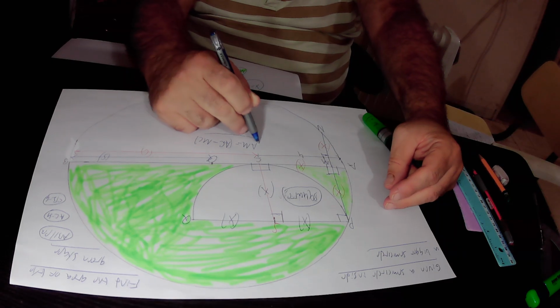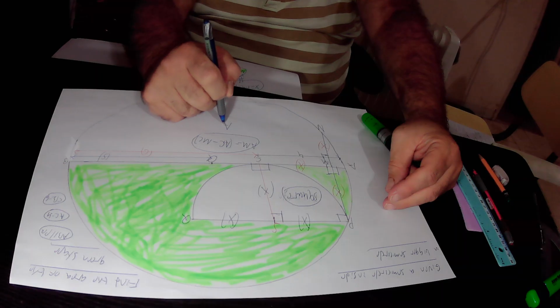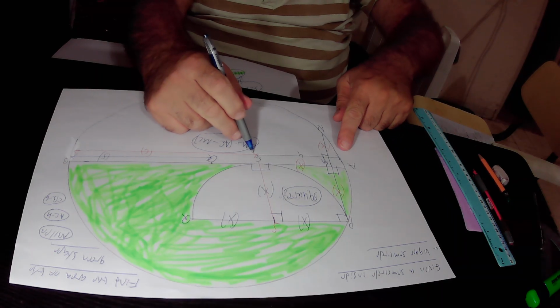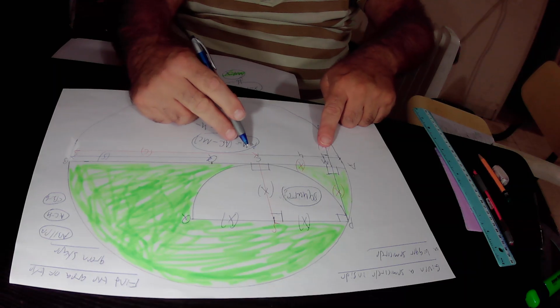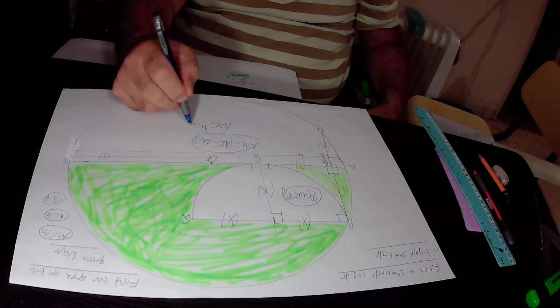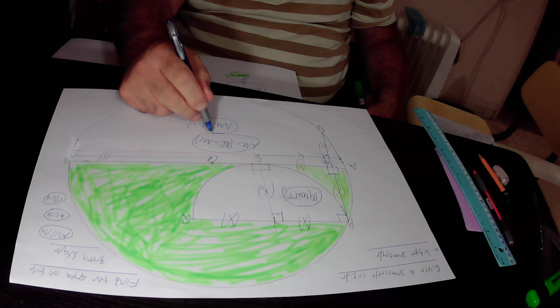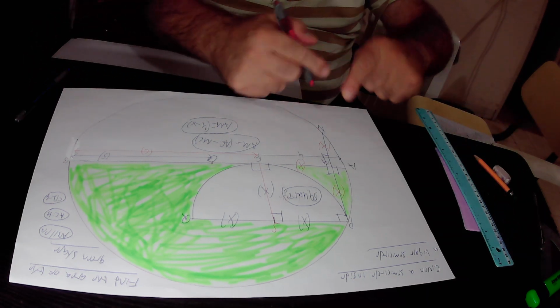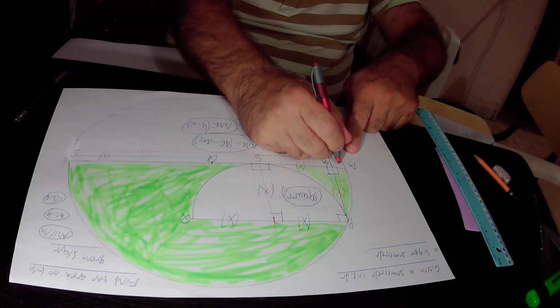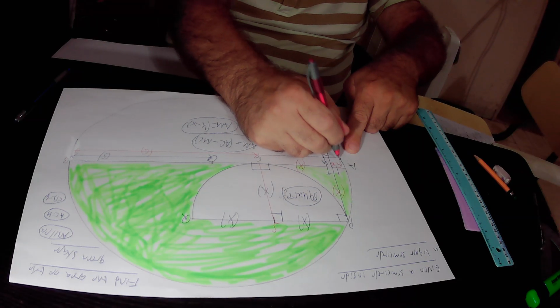So AM equals AC, that is 4, minus MC, that is X. So in total, we found out that AM equals 4 minus X units in its length.